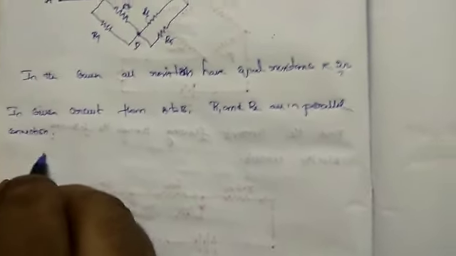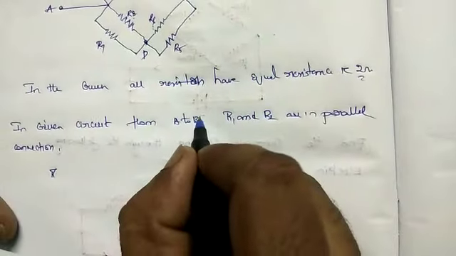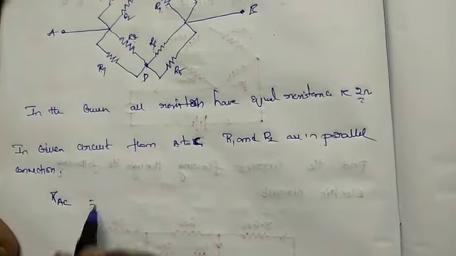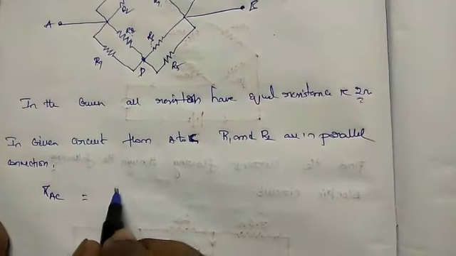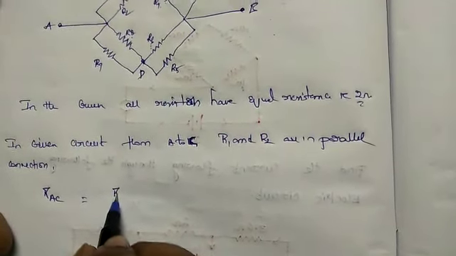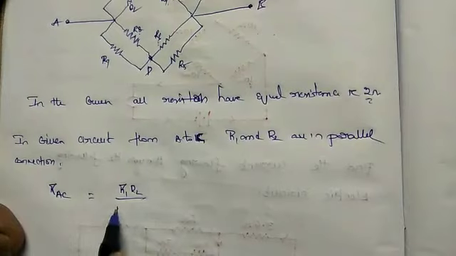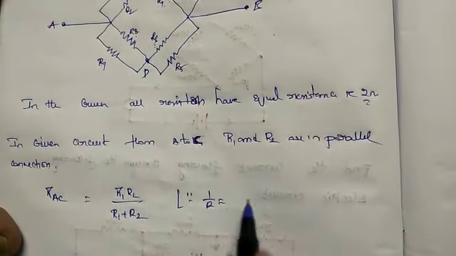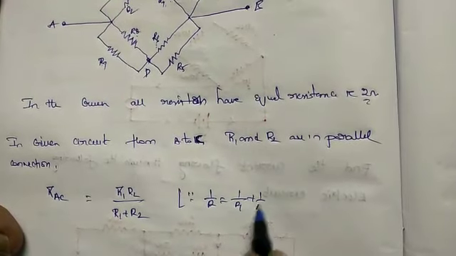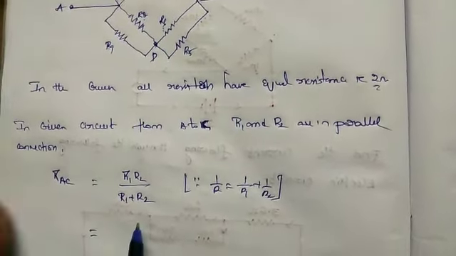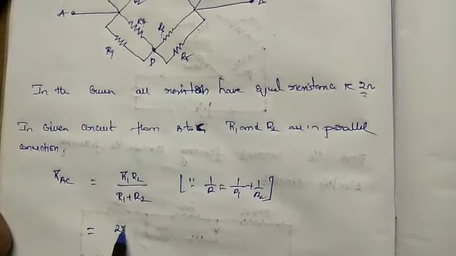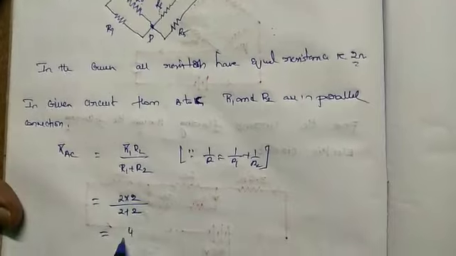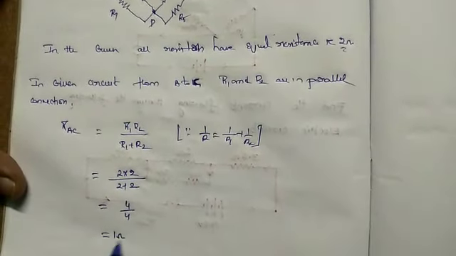Therefore, from A to C, RAC equals, we know the formula for parallel connection, R1 R2 by R1 plus R2, since 1 by R equals 1 by R1 plus 1 by R2. Therefore R1 R2 means 2 into 2 by 2 plus 2, that equals 4 by 4, that equals 1 ohm.